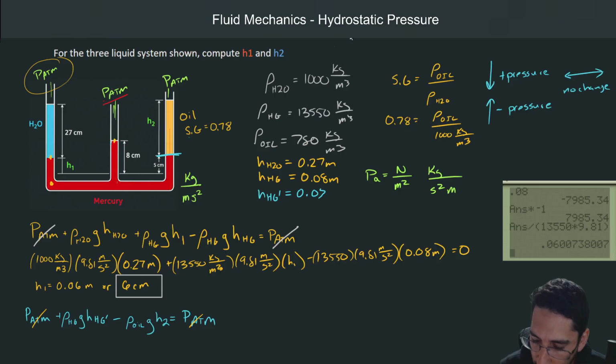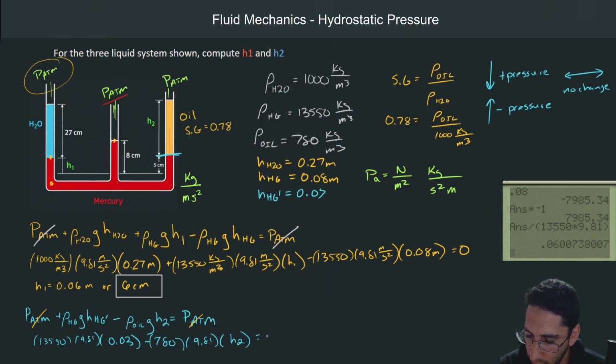Let's put in my numerical values. 13,550 times 9.81 times 0.03 meters minus 780 times 9.81 times whatever H2 is, and this is equal to 0. Let's solve for H2 and finish this problem. 13,550 times 9.81 times 0.03.